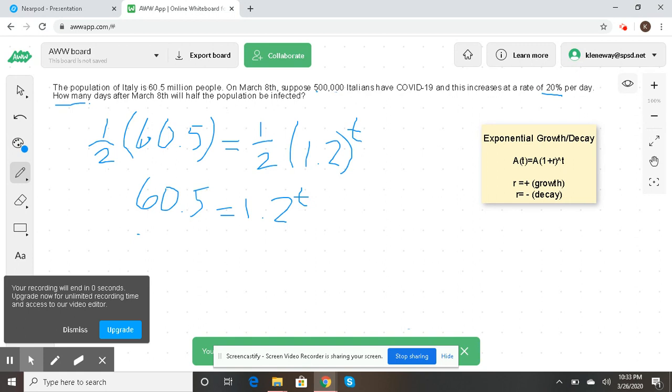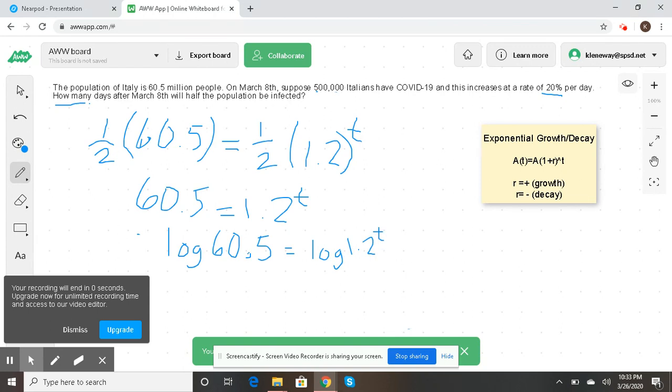Okay, so the next step, you might remember, to get things out of the exponent, we can take the logarithm of both sides. So I can say that log of 60.5 is equal to the log of 1.2 raised to the t power.